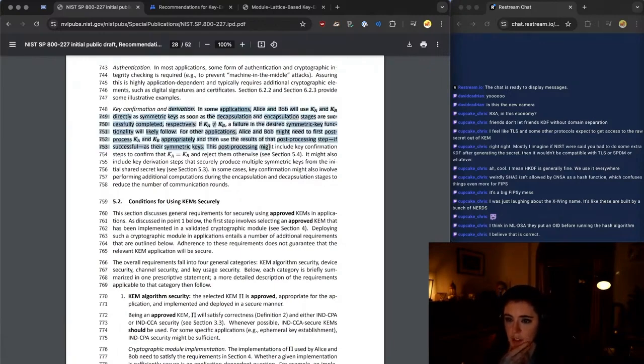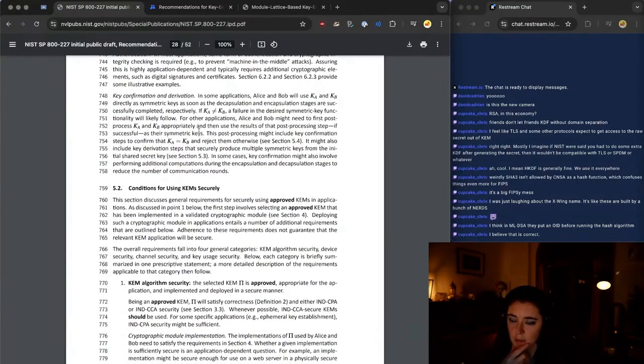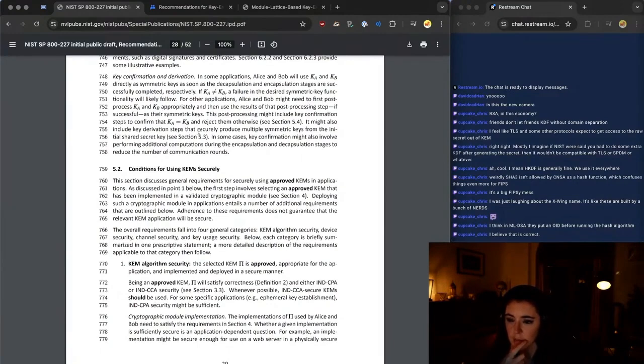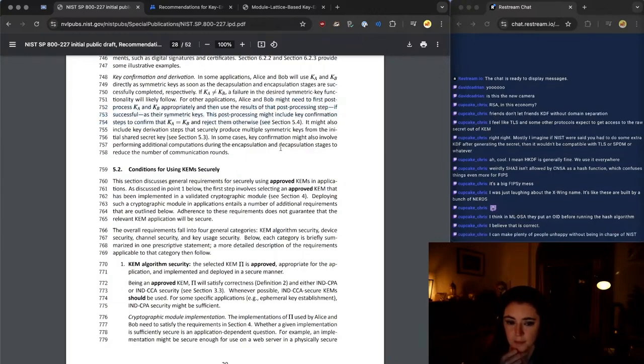Yeah, okay, confirmation, derivation, la la la. I don't love it, but for bare bones security of the key, all right, that was one of their goals. For other applications, Alice might need to first post-process this, which can be appropriate, and then use the result as input.